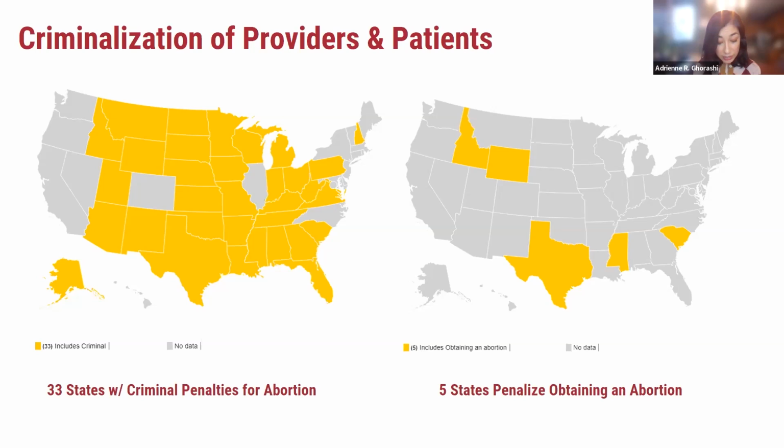Additionally, 5 states criminalize the person obtaining an abortion, either directly or by not explicitly exempting them, meaning the pregnant person could potentially be at risk for prosecution. And so we know the law may not accommodate self-managed abortion. We also know that pregnancy is criminalized even if the laws don't explicitly state this, through things like fetal assault laws and child welfare.